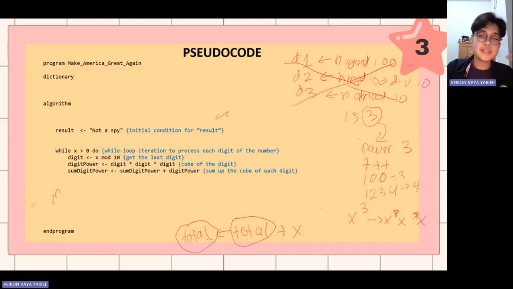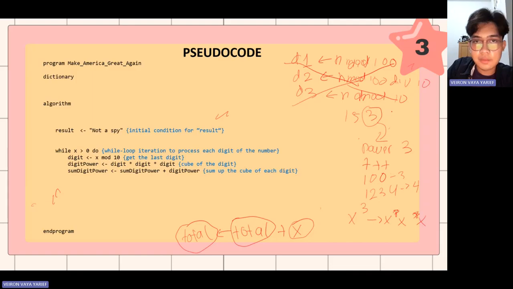It will always be the same template to do summation in a loop. Always two variables, updating itself, right? So sum digit powers is sum digit power plus digit power. Digit power here is an x, so it's a variable that will change the sum digit power, which is the total. We want to get the total, right? The summation. So in every loop we want to add.